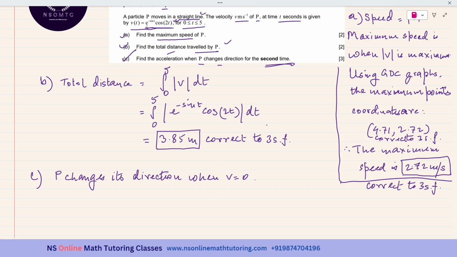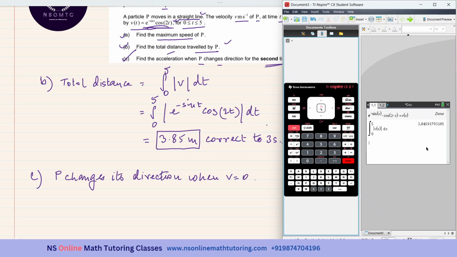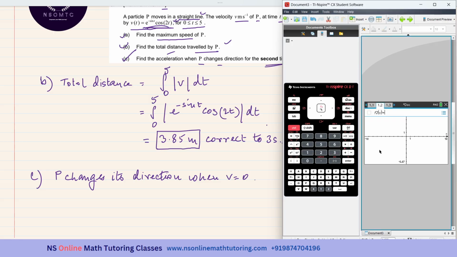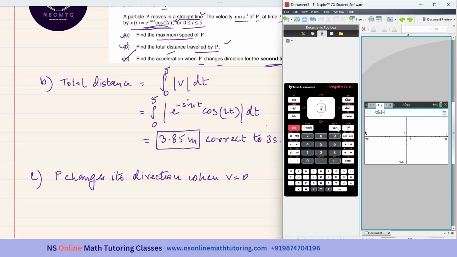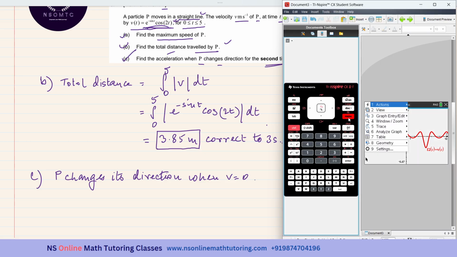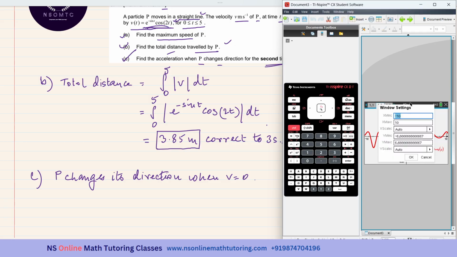So now we have to graph this v of x, not the absolute value, because we have to see the time when it is changing its direction for the second time. So graph, and this time it will be just v of x. And we have to change the window settings, maybe -1 to 5.